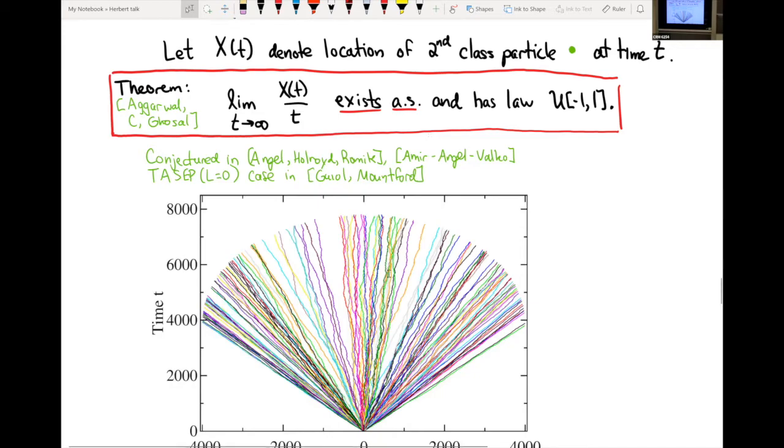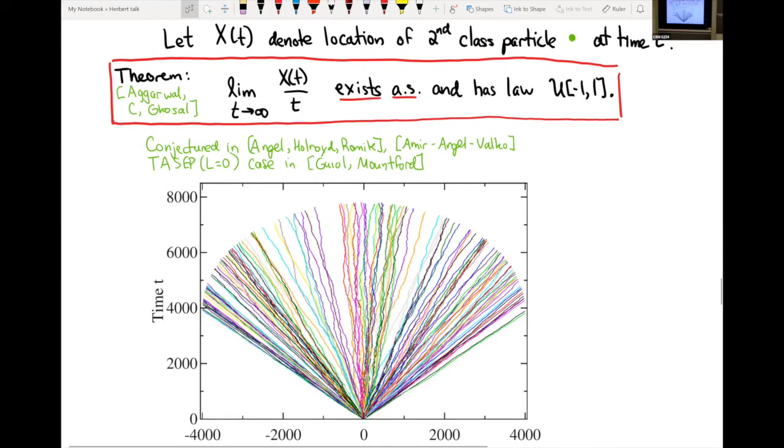In other words, what you're seeing in this picture, I think this is just a bunch of samples where you repeat the experiment with lots of different systems. You see that each one of these lines is somehow filling out this rarefaction fan, but each one is essentially linear. The second class particles really go in this linear direction.